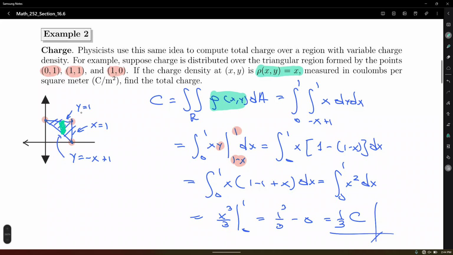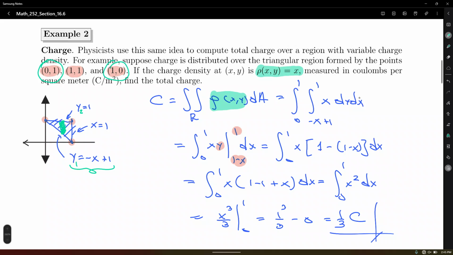The top function, that is y2, minus the bottom function y1. And in this case, this diagonal line containing the points 0, 1 and 1, 0 will have an equation y equals negative x plus 1. So that's going to be our lower limit right here, and our upper limit will be simply this horizontal line y equals 1.